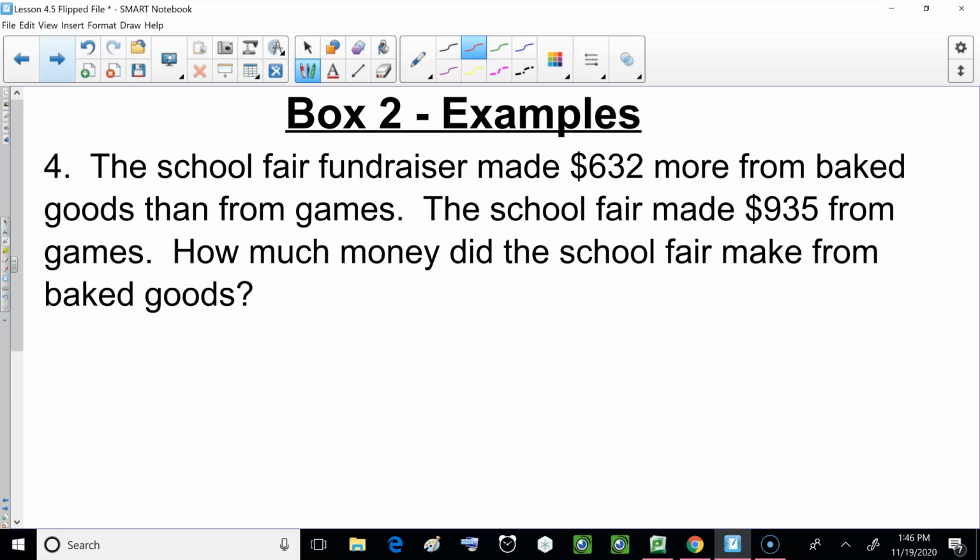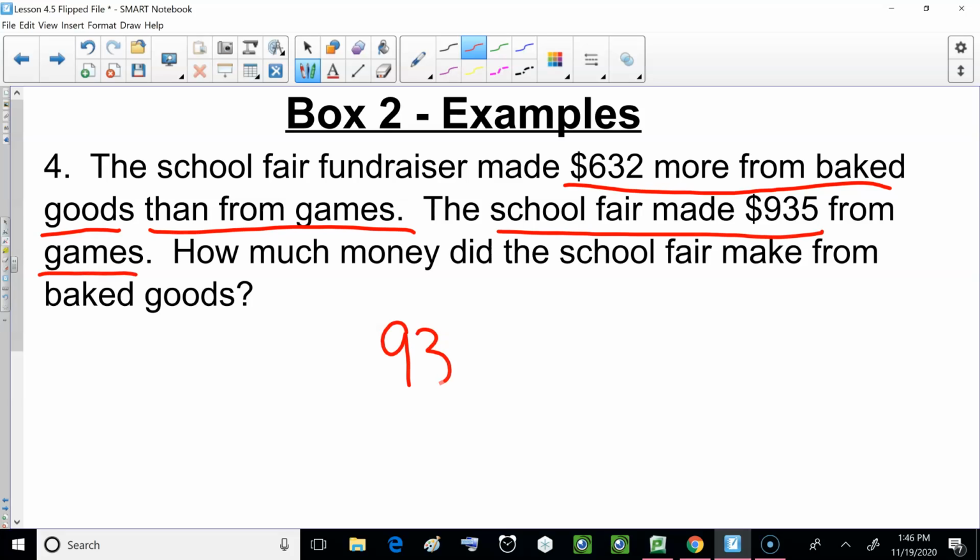So I know that they made $632 more from baked goods than games. That means baked goods has more money than they made from games. So I have $935 from the games. And I know that they made more from baked goods, so my baked goods number has to be higher than my games number. So would I add or subtract?